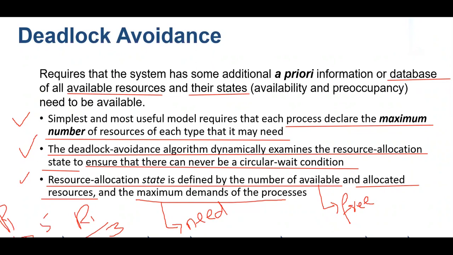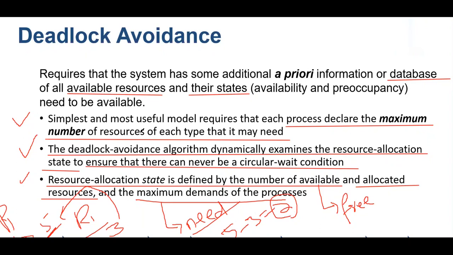So of course, the system will allocate maybe 1 or 2 or 3 of these instances, okay? It will be decided by the system. So let's suppose 3 instances are allocated to P1, but the demand is how much? 5. So we can say that the need amount will be how much? 5 minus 3 is equal to 2. So such information the system must have.